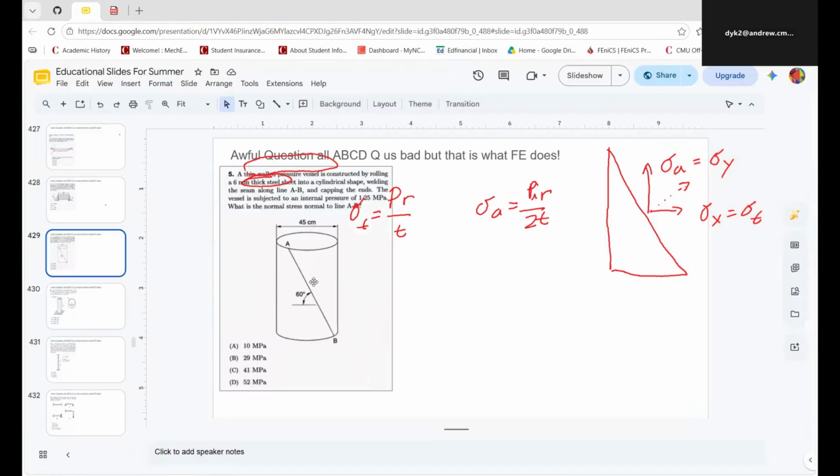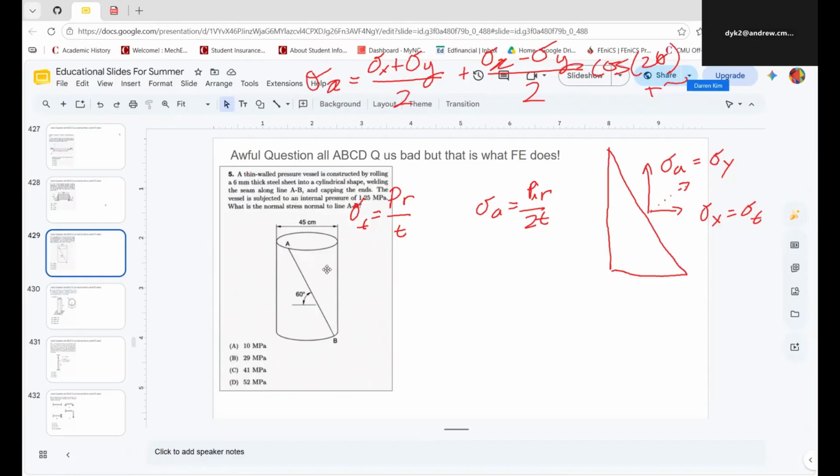But before we do anything, there's a way to solve this question, and I don't like it. The way you solve it is through this equation. Obviously there's no tau, there's no torsion shear stress, so you don't have to worry about that. But you know why I don't like it?